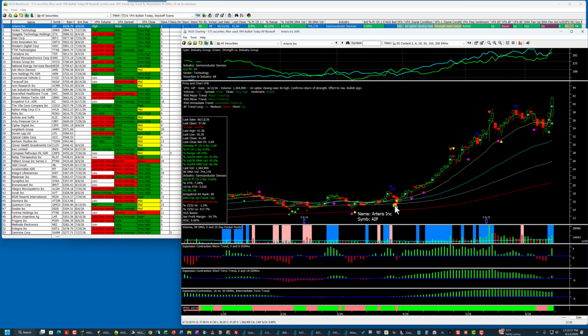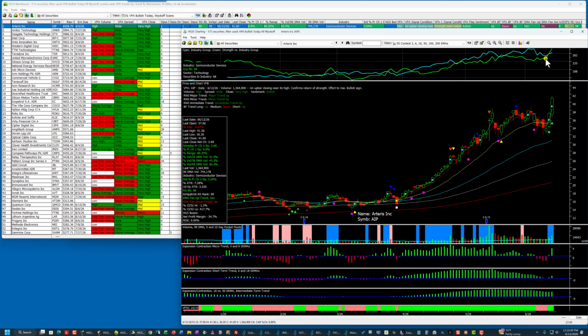This stock has risen quite a bit, but it's still relatively inexpensive compared to a lot of the stocks we see that are being chased right now. Its industry group is semiconductor devices. Group ranks 98th, sector tech, and there are 68 stocks in this group.